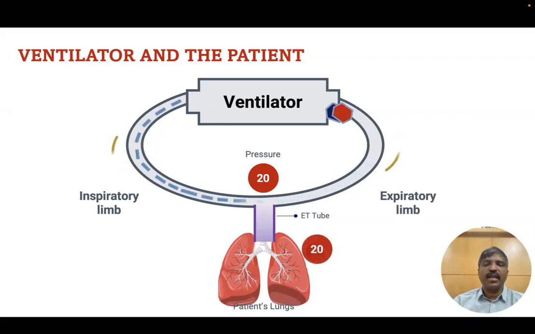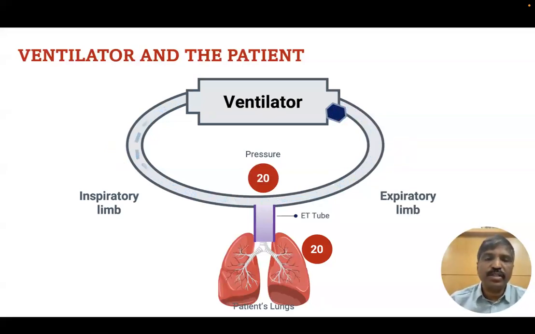When the pressure in the lung is equivalent to the pressure in the circuit, no gas flow happens in the ET tube, or the connection between the circuit and the ET tube. The gas flow is 0 in the ET tube, but the gas is flowing continuously in the circuit. As long as the expiratory port is closed to give that pressure of 20, the pressure of 20 will be maintained in the circuit and in the lung.